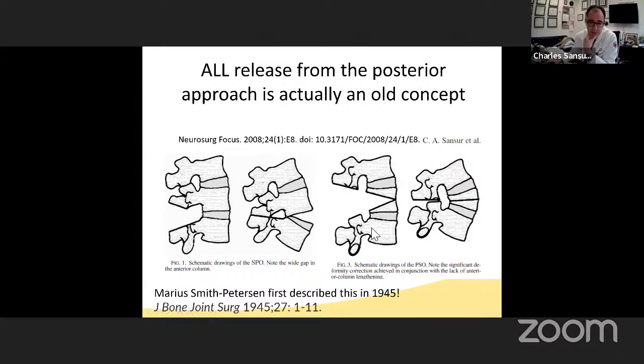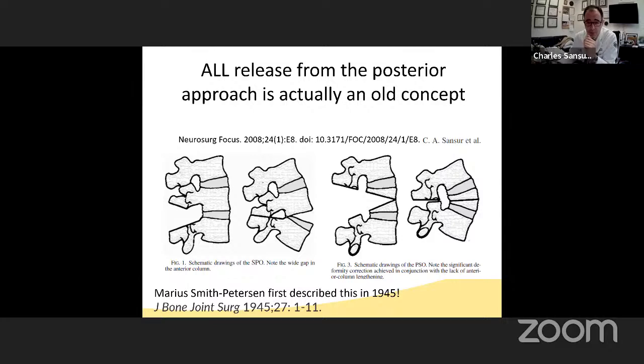So this is in contrast to the Smith-Petersen osteotomy, where the anterior column remains constant. So the Smith-Petersen, as it was initially described, was an anterior column lengthening procedure.